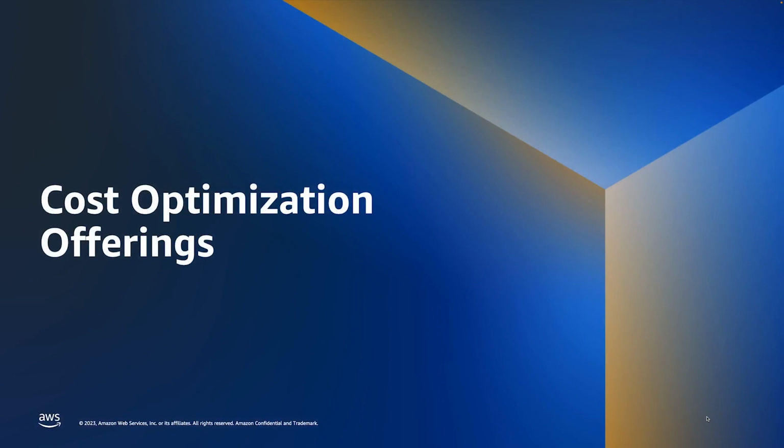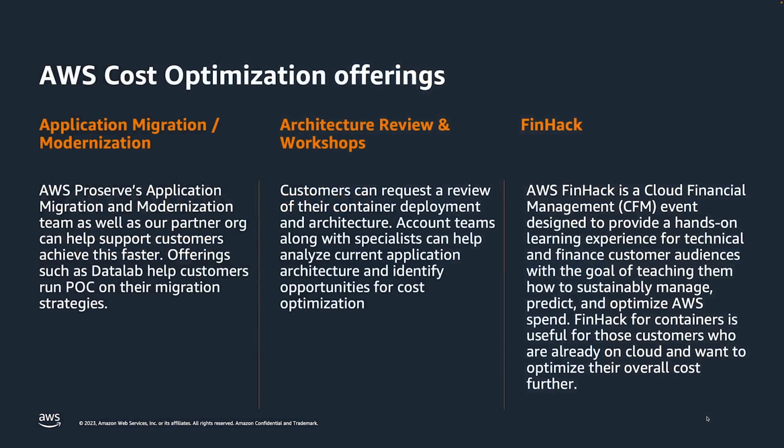Let's have a look at cost optimization offerings. We've got a few offerings here. Application migration and modernization: the AWS application migration and modernization team, as well as partner organizations, can help support customers to achieve this faster. Offerings such as Data Lab help customers run POCs on their migration strategies.